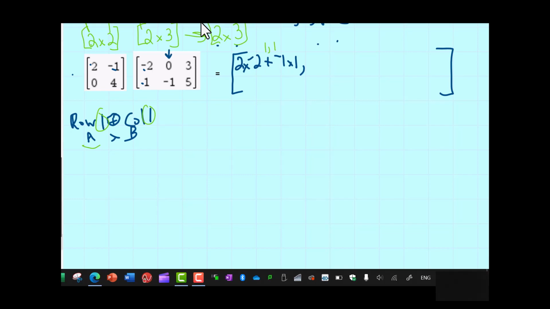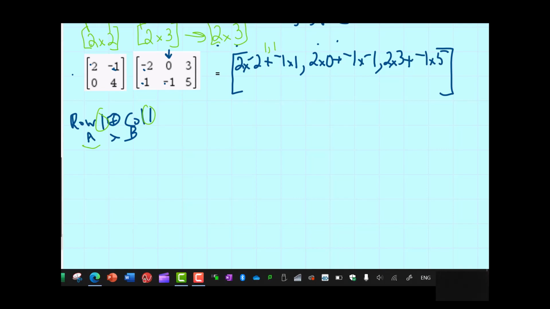So we've got 2 times 0 plus -1 times -1. And for the position 1, 3, row 1, column 3, we go along row 1 of the first and down column 3 of the second. So we have 2 times 3 plus -1 times 5.